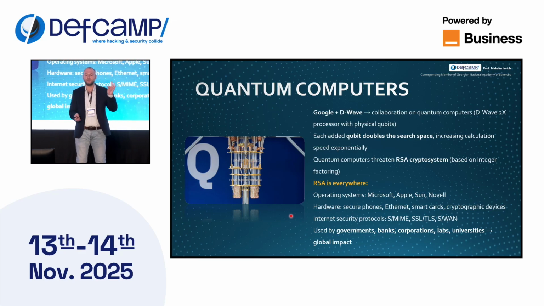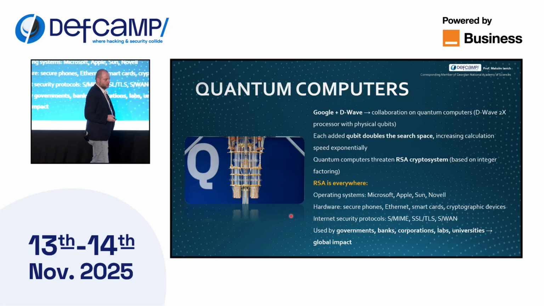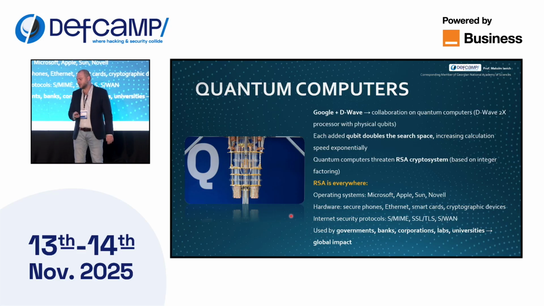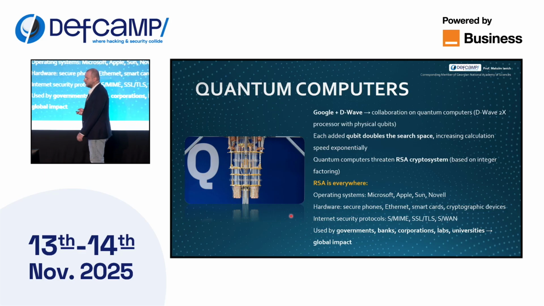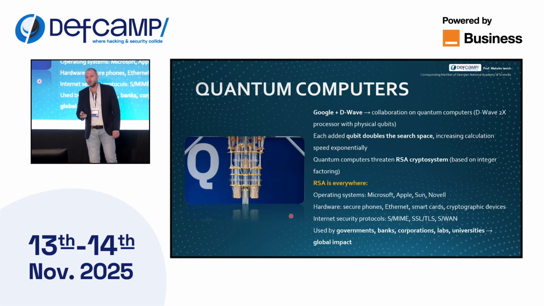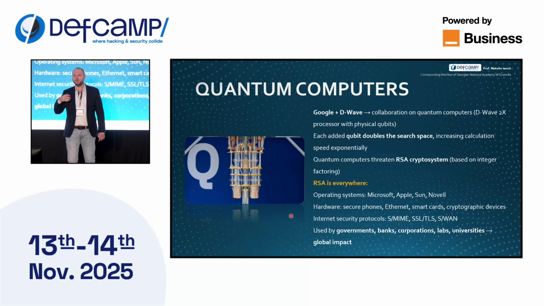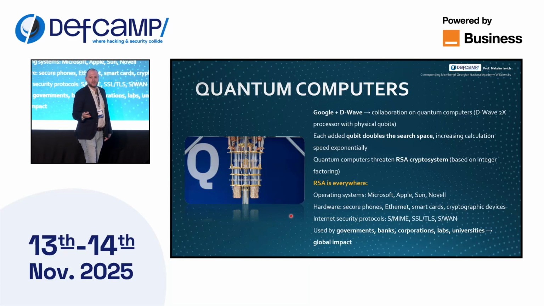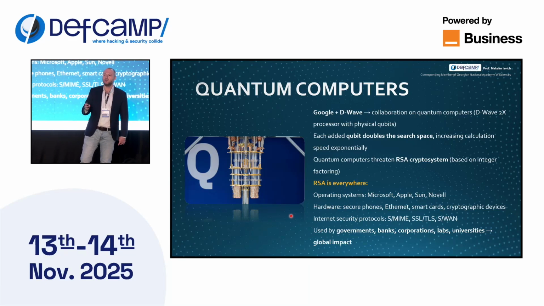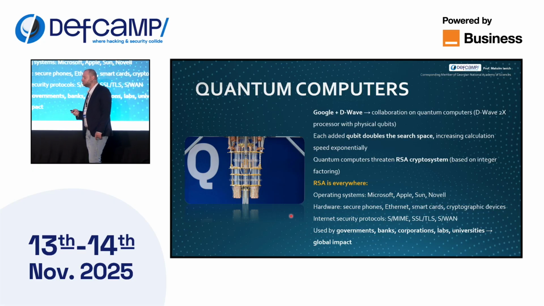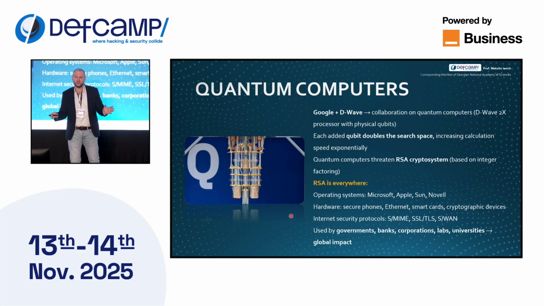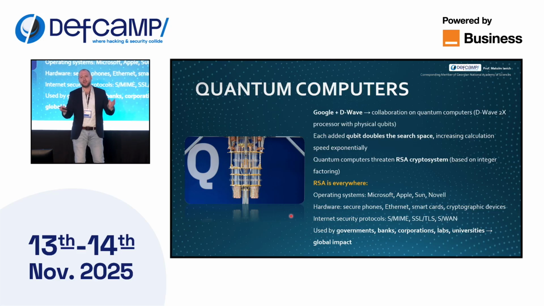Diffie-Hellman protocol, RSA, elliptic curves, everything it can break. Our team began to work in this direction in 2013, when we read the papers that Google began to work together with D-Wave on the creation of quantum CPUs. And as I told you, a quantum computer can easily break RSA.